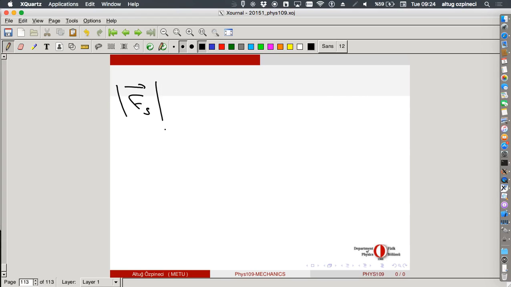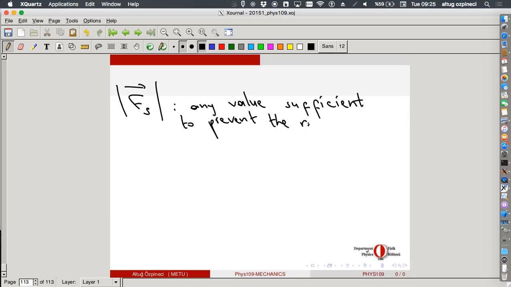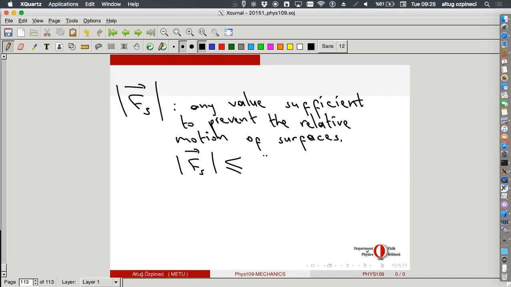The magnitude of F static is any value sufficient to prevent the relative motion of surfaces. And there is a maximum value for that. This is always less than or equal to, let's call it, the static friction maximum.